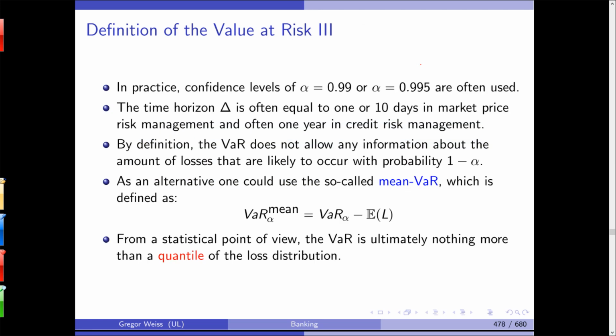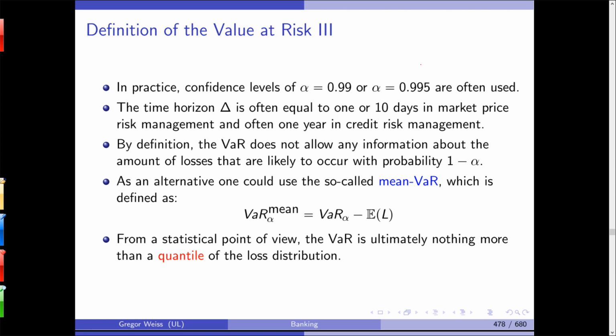You can slightly adapt it. You can make a mean VaR. You can take the value at risk and subtract the expected loss. But statistically speaking, it is all the time and will always be just one quantile of the loss distribution or the P&L distribution. So statistically, this is nothing very new. It is just the interpretation that if you calculate a quantile of the loss or the P&L distribution, you get what we now call value at risk.